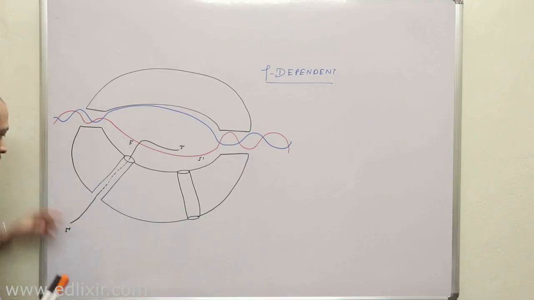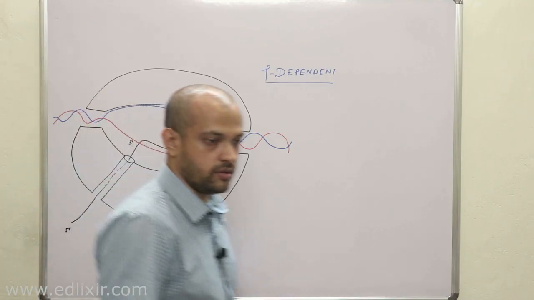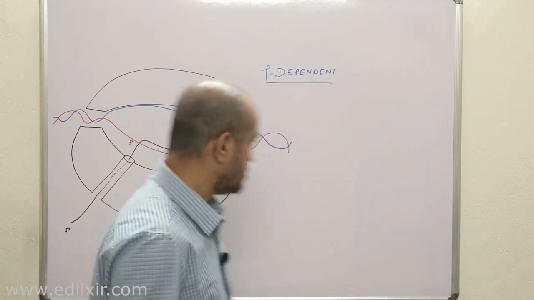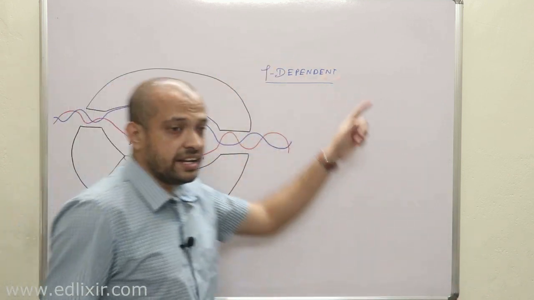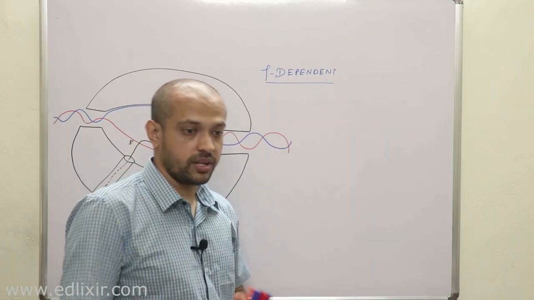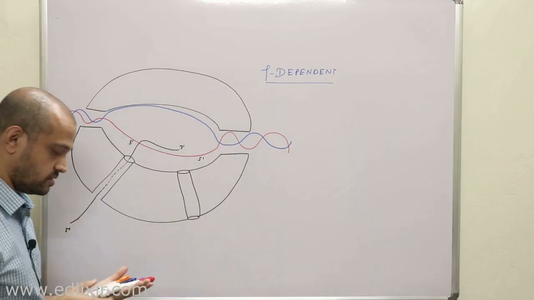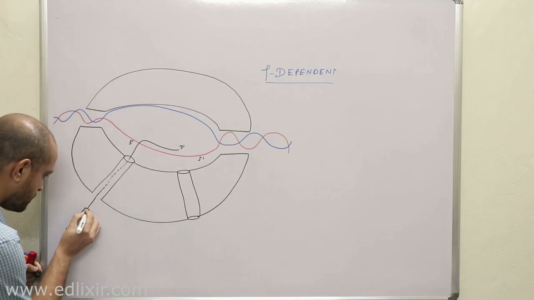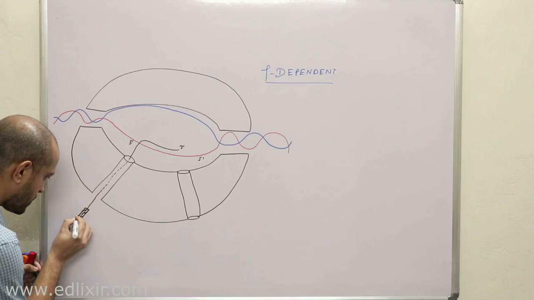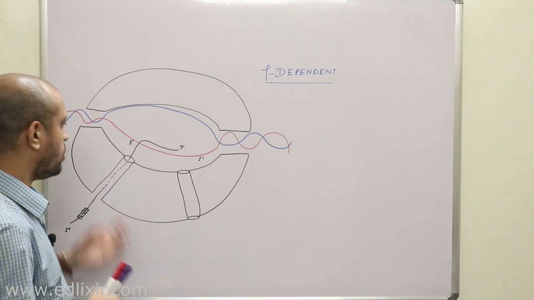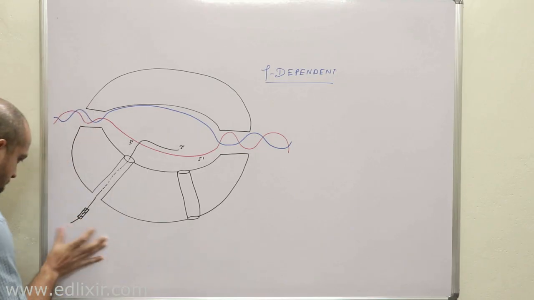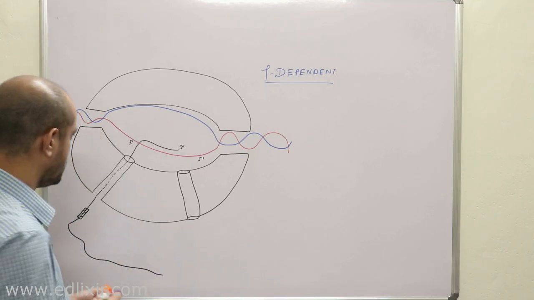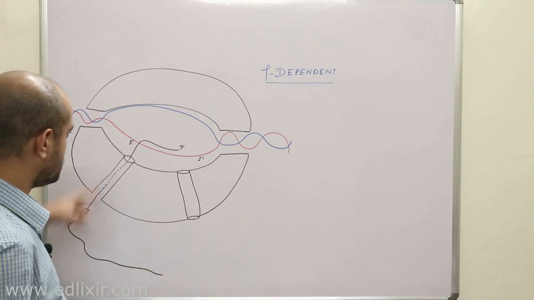Now listen. On the 5' side there is an important point you need to understand. If you want to end transcription with the help of Rho protein, you need to have this site. There is a special site in the 5' end of the RNA, which is coming out of the RNA polymerase.